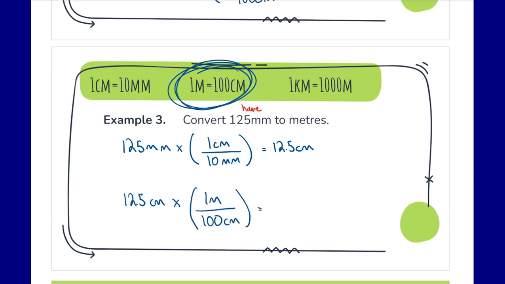When we go through, 12.5 divided by 100, 0.125 meters. So that is how many meters 125 millimeters is, 0.125.